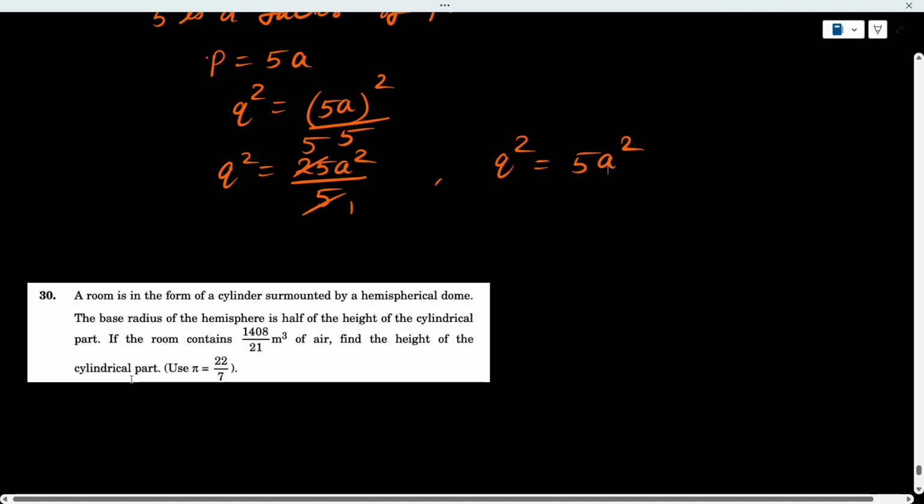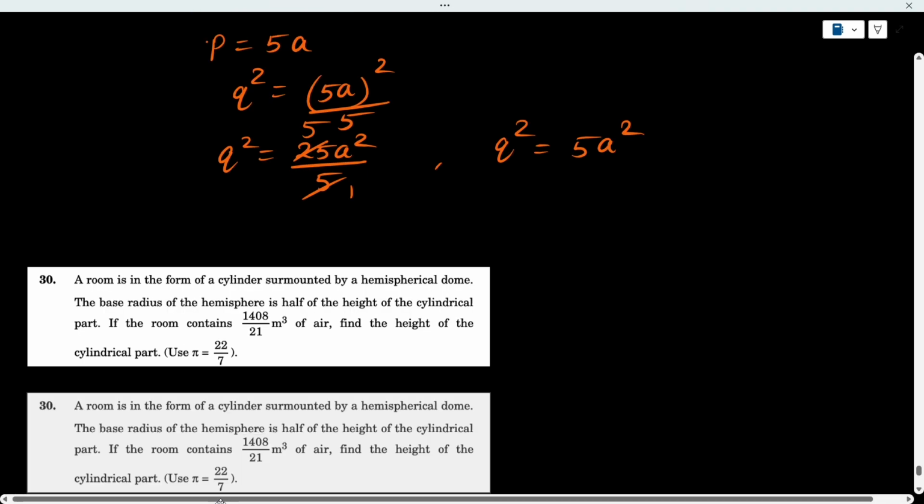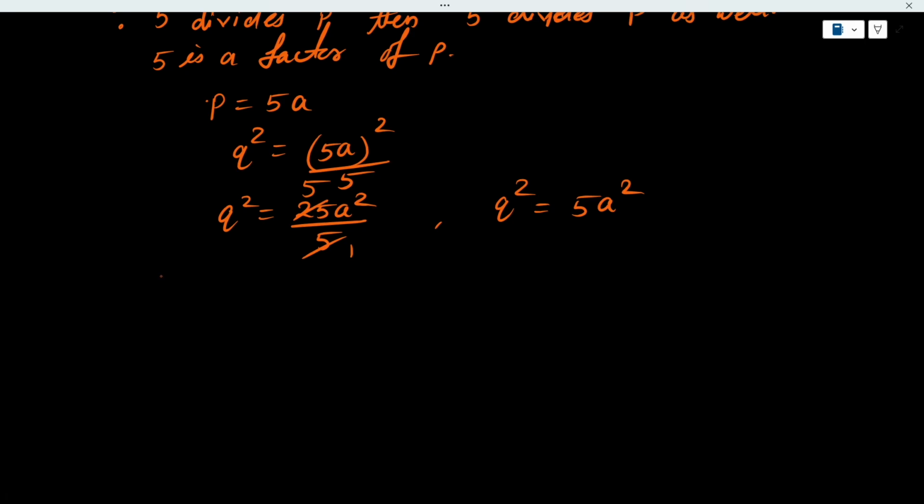Now you need to transpose 5 to the LHS, right? Now you can write a square equals q square by 5. And there is a theorem, because you are getting a perfect square, right? That means it's dividing perfectly.